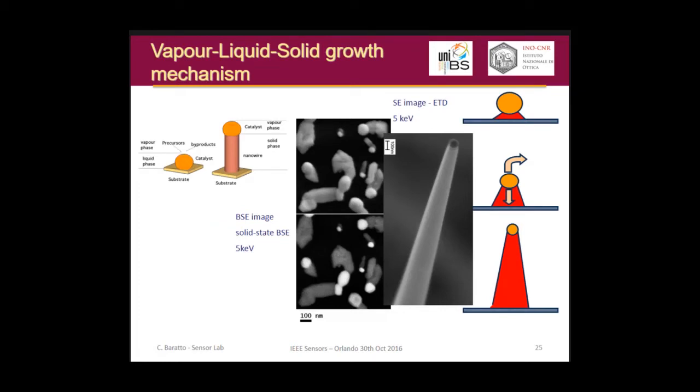The catalyst particle is in the liquid phase, and the vapor phase arrives with this material that starts growing with the ball here, and typically you have the catalyst balls at the end of the nanowires. This is the image of, I think this is indium oxide with the ball at the end of this.